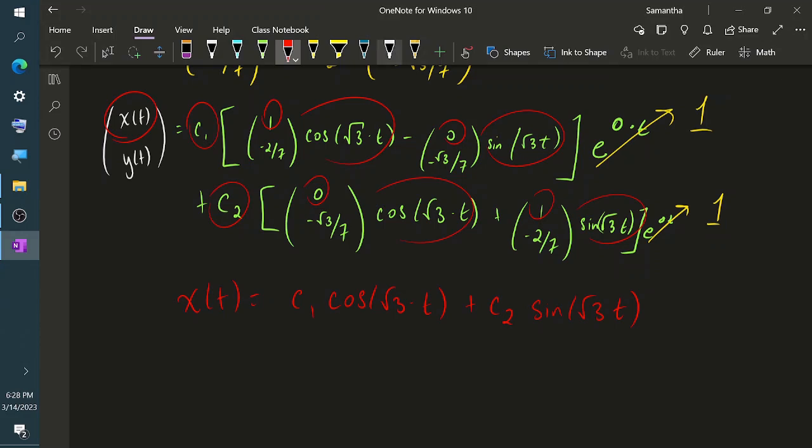Similarly, y could be found by looking at everything that's happening in these bottom entries.